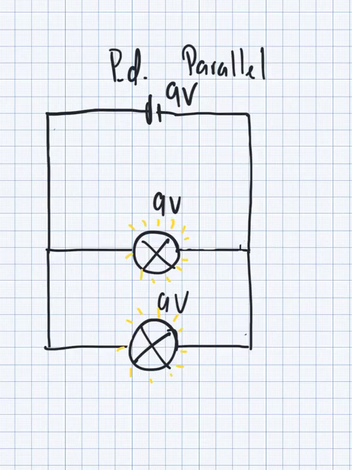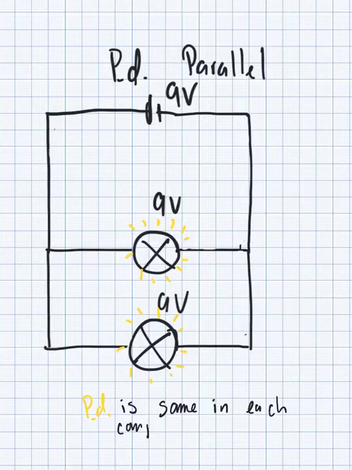So the rule in parallel circuits is that potential difference is the same in each component in parallel. And I need some handwriting intervention.